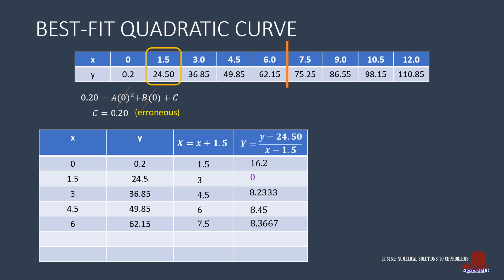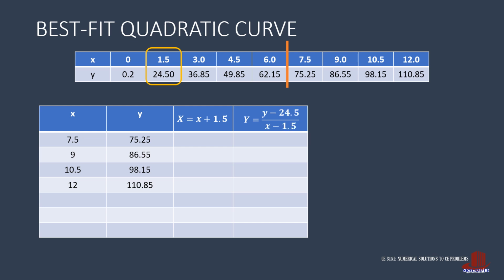Now take the total for both variables. Capital X is summed up as 22.5, and capital Y is 41.25. The average is then 22.5 over 5 or 4.5 for capital X, and 41.25 over 5 or 8.25 for capital Y. So with these averages, the first equation is 8.25 was equal to 4.5a plus b.